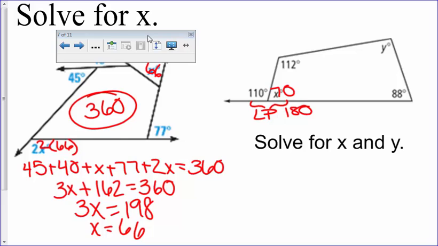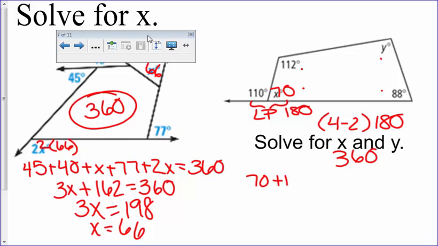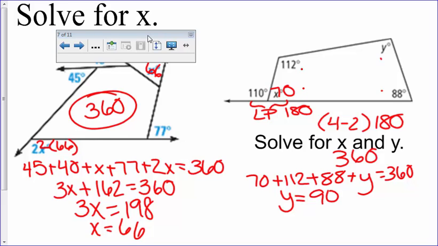This is a 4-sided figure with 4 angles, so we know the sum would be 4 minus 2 times 180, or 360 degrees. So we know that 70 plus 112 plus 88 plus y should equal 360. When you do your algebra, you should get y to equal 90. So that is a right angle up there, and those are the answers to your variables.